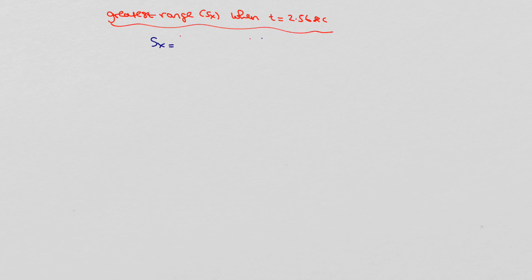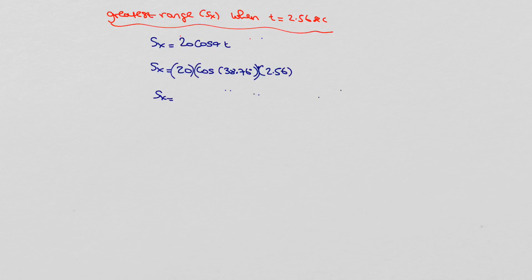So therefore we said S of x was equal to 20 cos alpha t. And therefore if I sub in for my alpha, which was 38.76 degrees, and I multiply that by my time, which was 2.56. And again, making sure your calculator's in degrees.